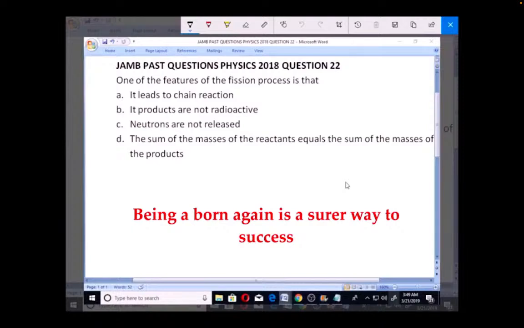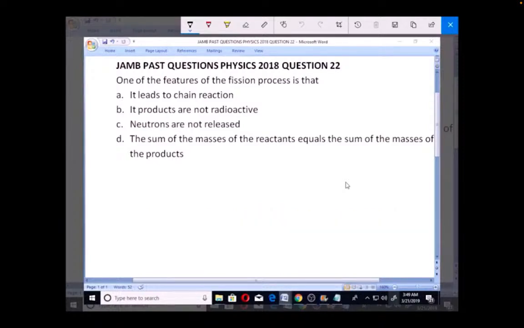Now, for us to be able to appreciate this very well, we need to note that in a nuclear fission, we talk about a nucleus of an atom disintegrating into smaller ones. So we have this big one, let's say having 10 and 2, disintegrating into the ones that have 3, 4, 1, 1, with the release of neutrons and energy.